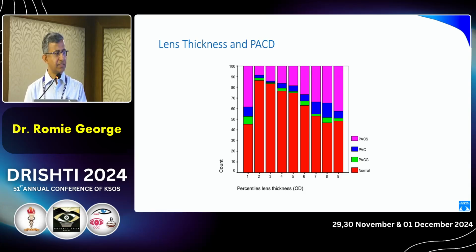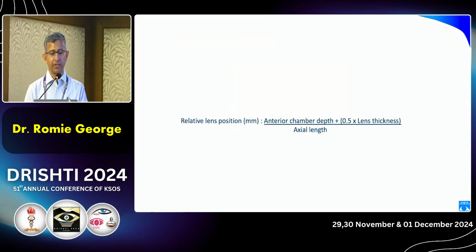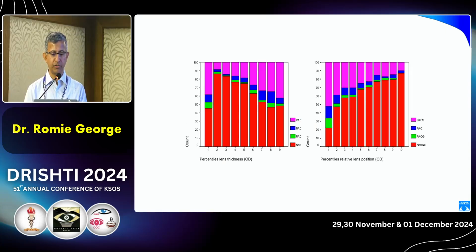This is a little unusual because you would expect thicker lenses to all have angle closure and the thinner lenses to not have. So then we tried to see whether the relative lens position, or the position of the lens relative to the length of the eyeball and the anterior chamber depth, calculated using this formula, changes anything.